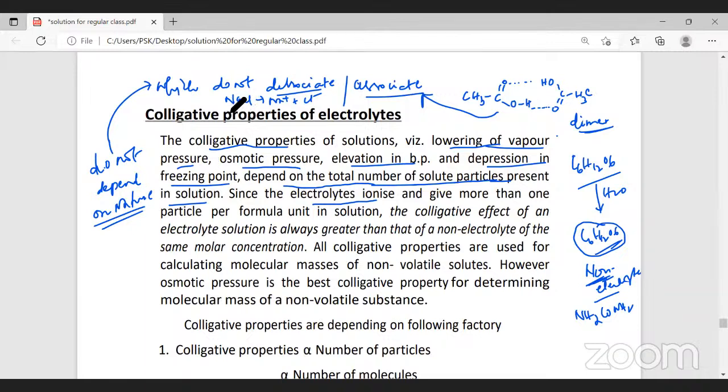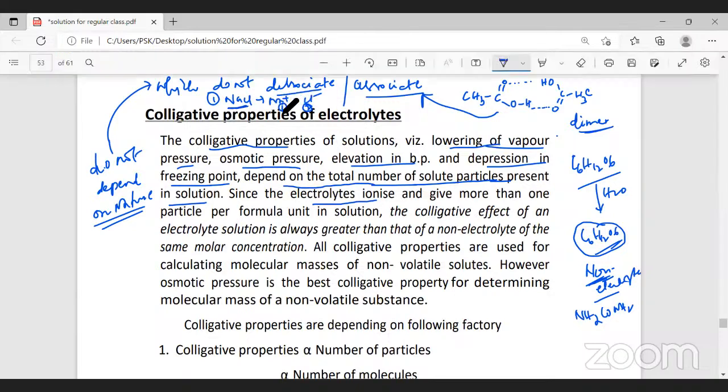If the formula unit is NaCl, this is one molecule, NaCl. But in water there are two particles, one is the sodium ion, the second one is what? Chloride ion. So it gives more than one particle. Those are called electrolytes. The colligative effect of an electrolyte solution is always greater than that of a non-electrolyte of the same molar concentration.